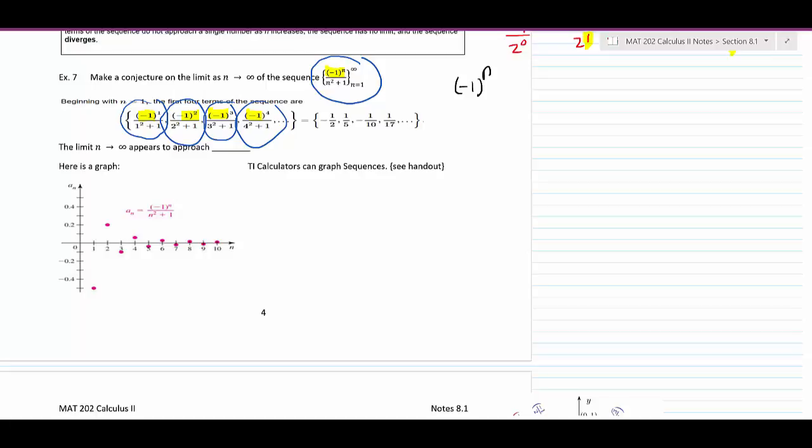Yeah, where's it going? Probably to 0. If you look at your fraction and list out the terms, you can see that the numerator is always 1. Although it alternates from negative 1 to 1, it doesn't matter. You're both basically still going to 0. So you would make the conjecture that the limit approaches 0.